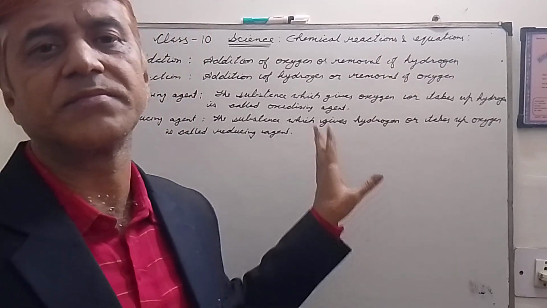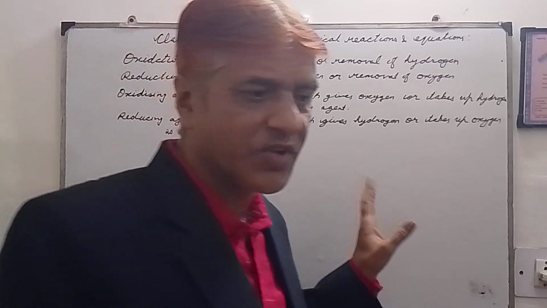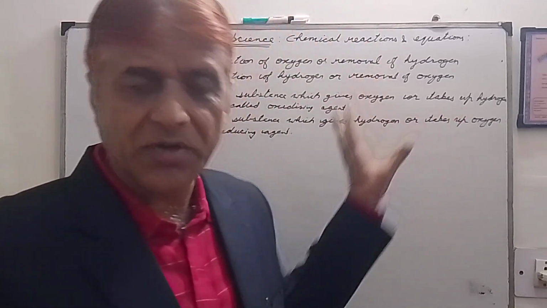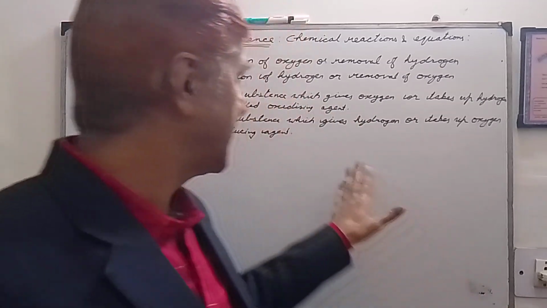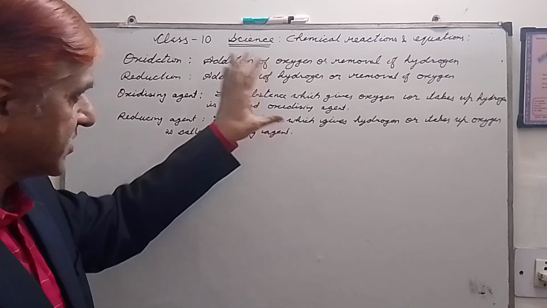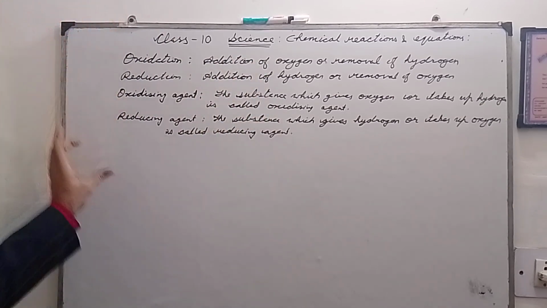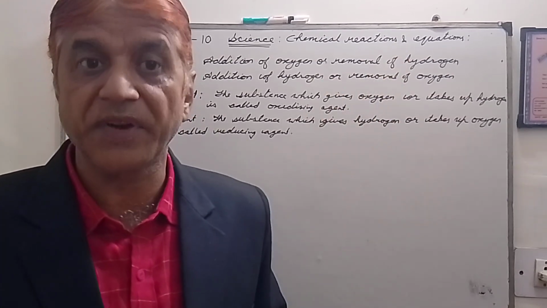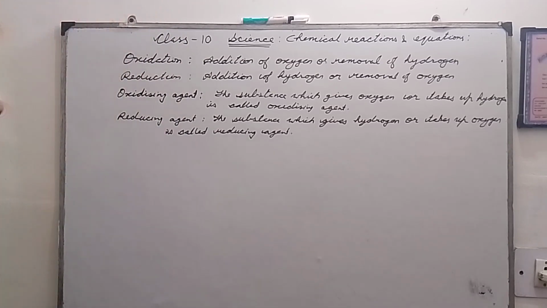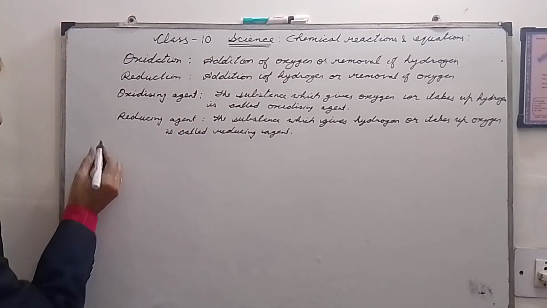All these things we will now study through examples. My dear students, one question from this topic is generally asked in your final exams. Please learn these definitions also, because sometimes even these definitions are asked in the final exam paper.